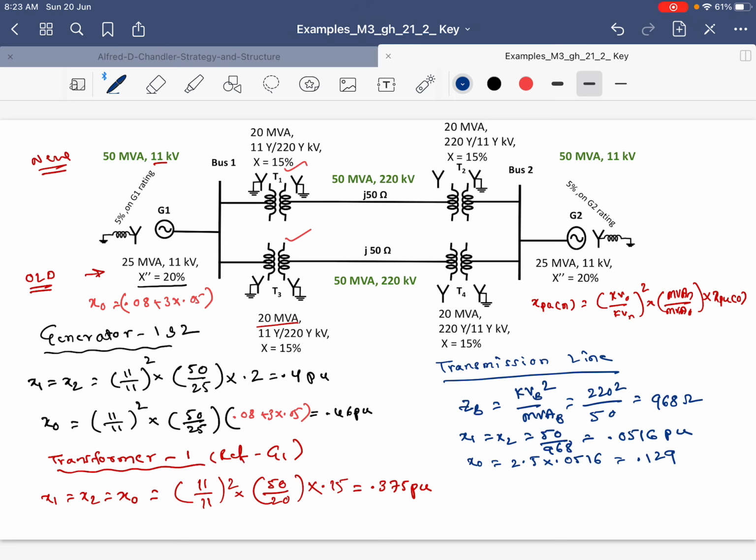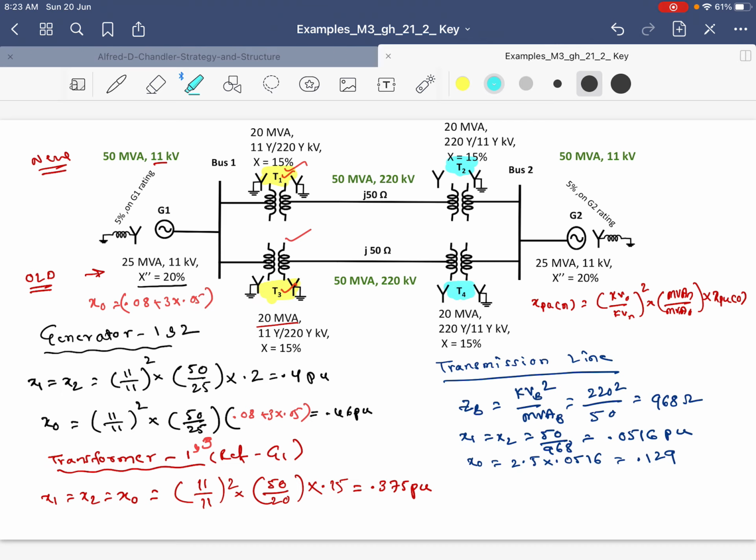Then lastly, I will take the transformers T2 and T4 mentioned here. Here it is T1 and T3. It is T1 and T3 are the same. Now I will go for T2 and T4.